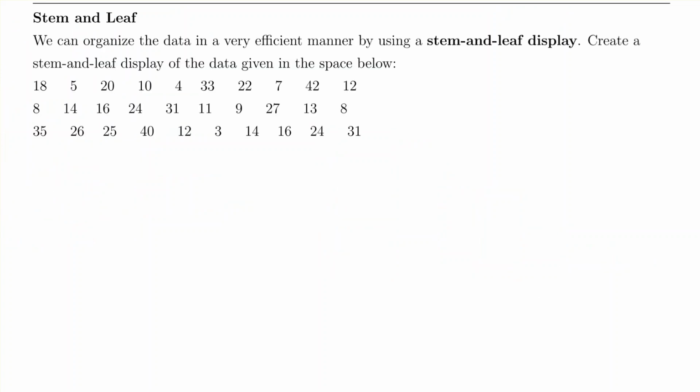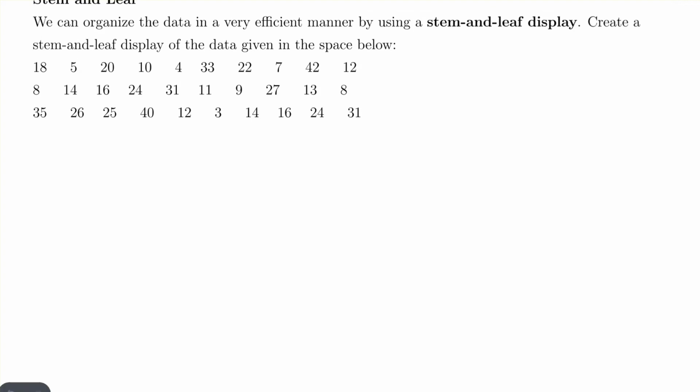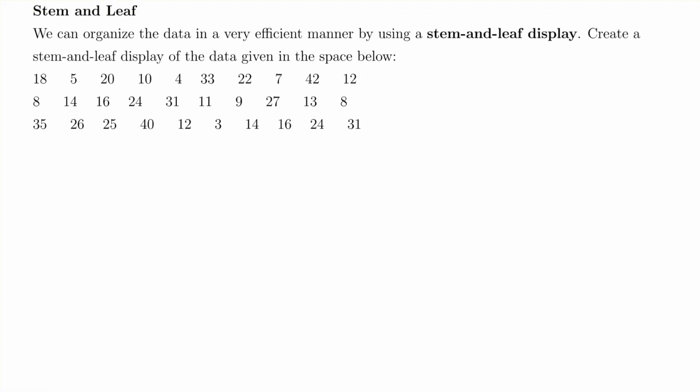Another way we can organize quantitative data is using a stem and leaf display. Let me just do an example to show you how stem and leaf works. Here, most of the numbers are 2 digits. So what I do is I make a stem.